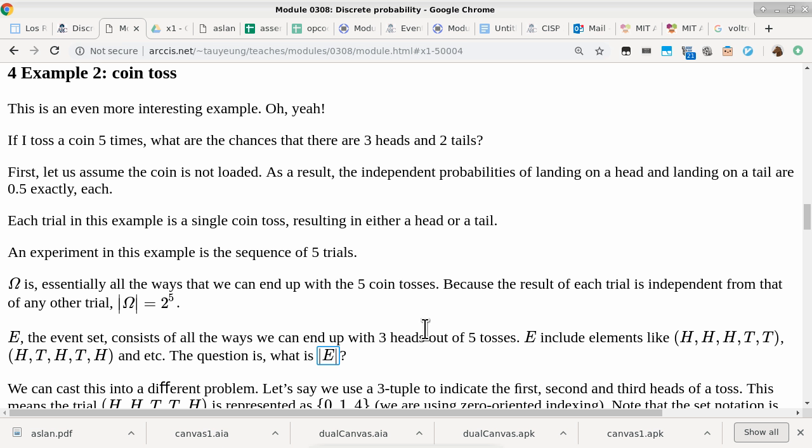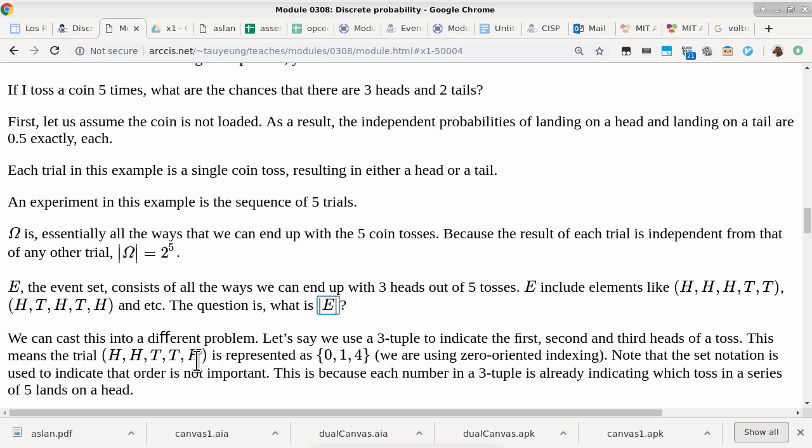So the first thing we do is we code this slightly differently. So we look at this one, which is the configuration of a particular outcome from a coin toss experiment, which is head, head, tail, tail, head, okay? So instead of using a 5 tuple to represent the result of that particular outcome, we now use a set to represent the same thing.